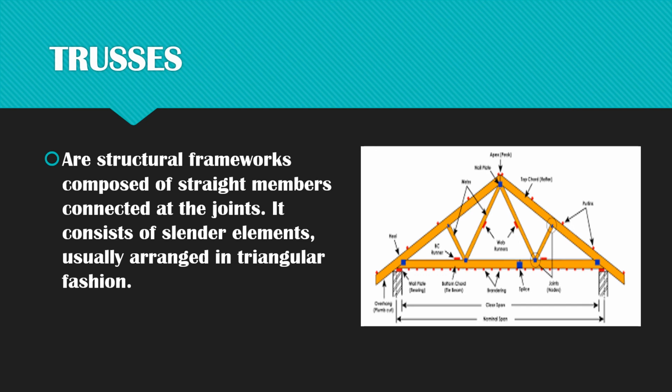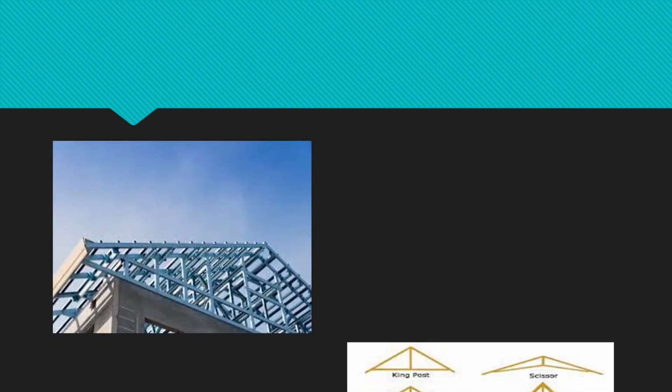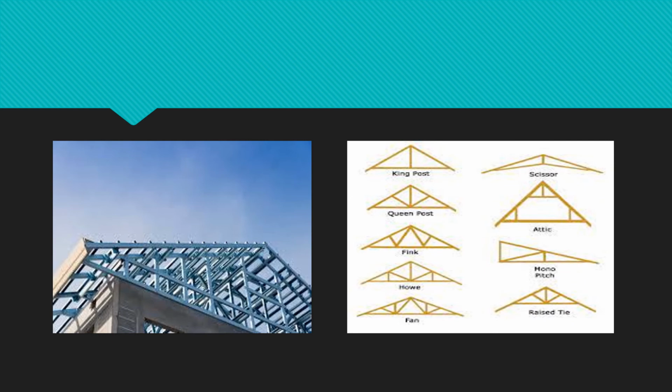Its members are connected by pins or welds, and etc. So here are some examples of trusses and their classifications. Basically, the classification of a truss is based on their shapes.